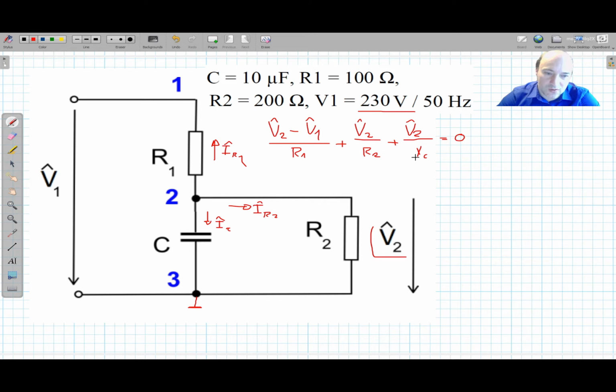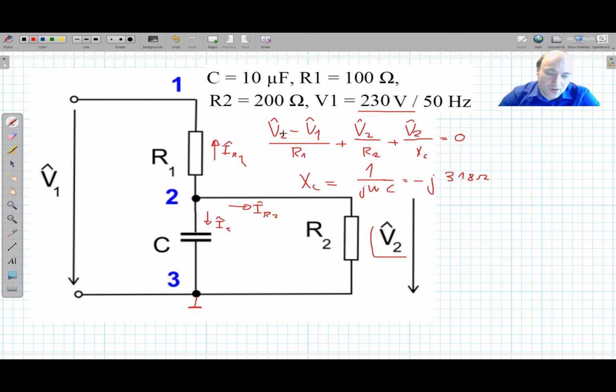Now we know what XC is. XC is the capacitive reactance, so it's 1 over j omega C, so we can calculate how much that is. I have actually pre-calculated the value, so it's minus j 318 ohms.